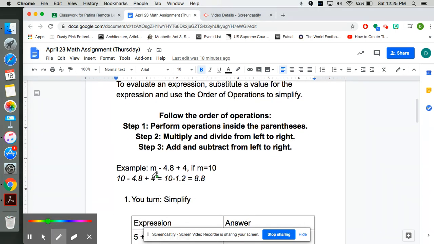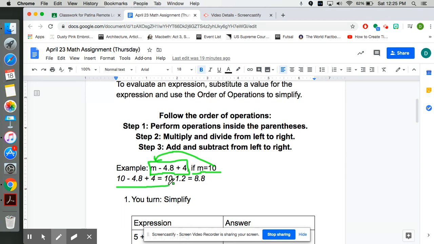So this is an example right here. We've got m − 4.8 + 4. That's our expression. Right now I don't know what m means, but if I look over here, it has given me what m equals. So we're going to substitute 10 in the place of that m.